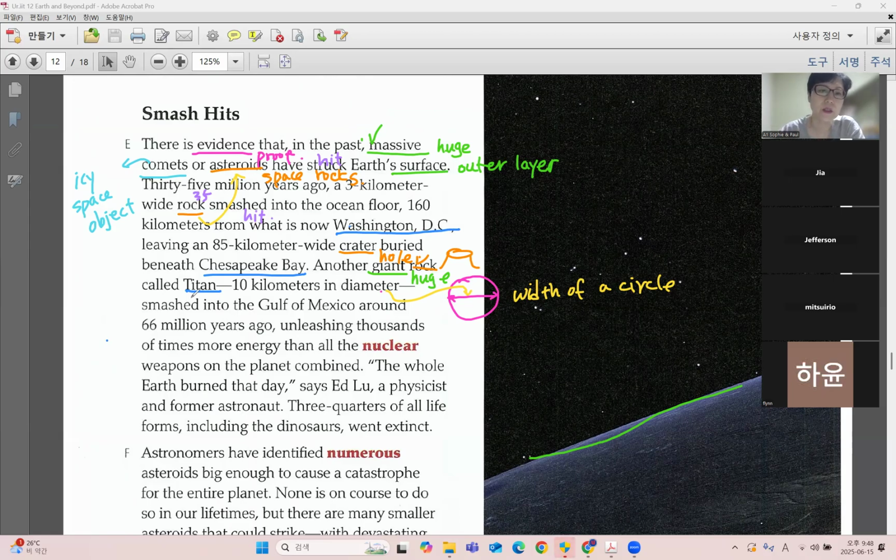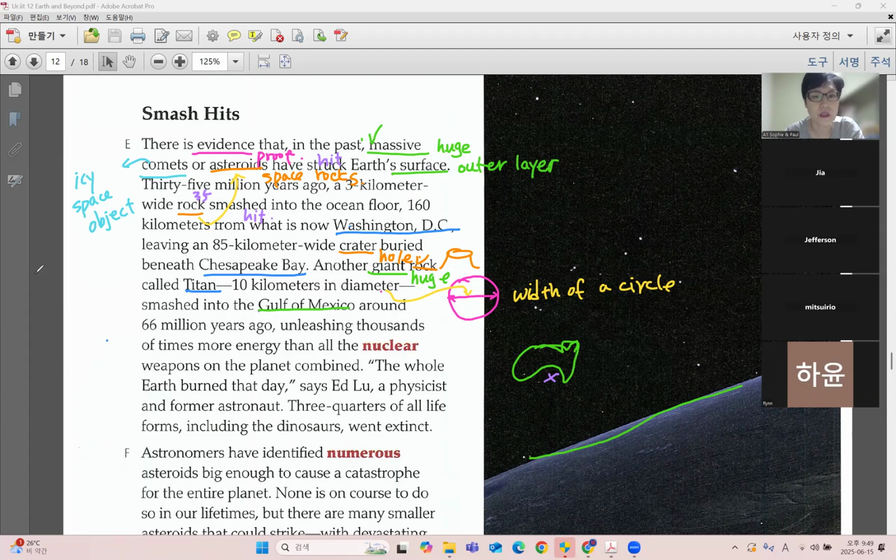Smashed, hit into the Gulf of Mexico. You know, where is the Gulf of Mexico? I'm going to draw the United States. This one, okay, it looks kind of, I don't know, like this. And the Gulf of Mexico is here, next to Florida. All right. And around 66 million years ago, unleashing.